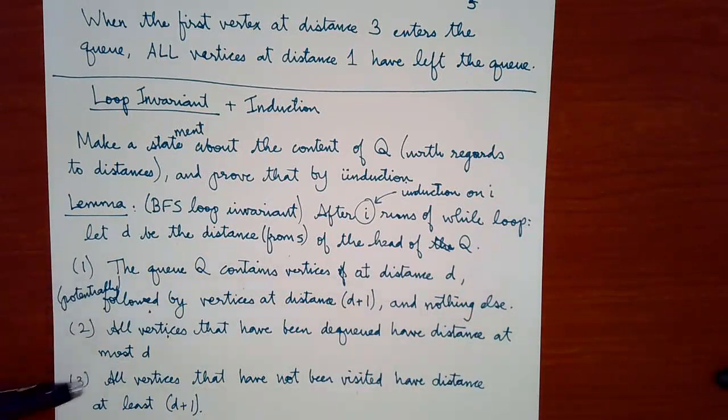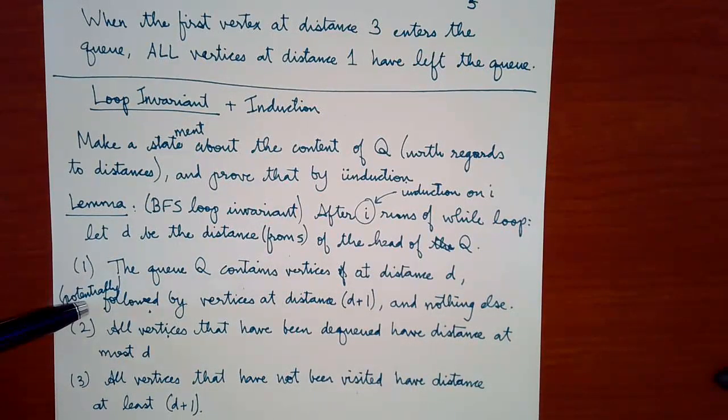So essentially, we need to reword this so that it is true for both situations. Would that mean making 3 conditional? You could make extra conditionals. You can try to come up with the nicest statement. Let me state it first before writing it down. Let d be the distance of the head of the queue and d prime be the distance of the tail of the queue.